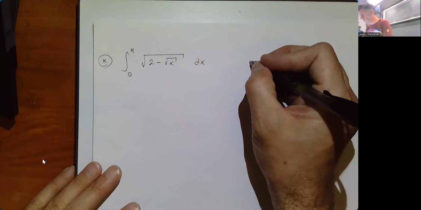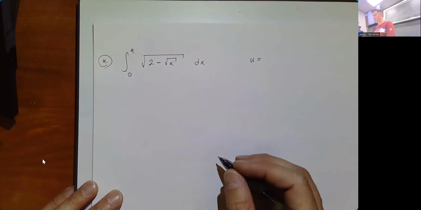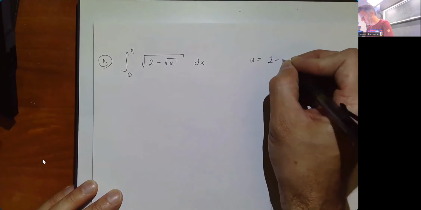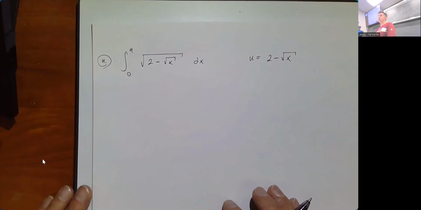So we're going to make what I think is the only plausible choice here, which is letting u equal the inside of this larger square root. So u is going to be 2 minus the square root of x. It's not really worth our time to find du dx.